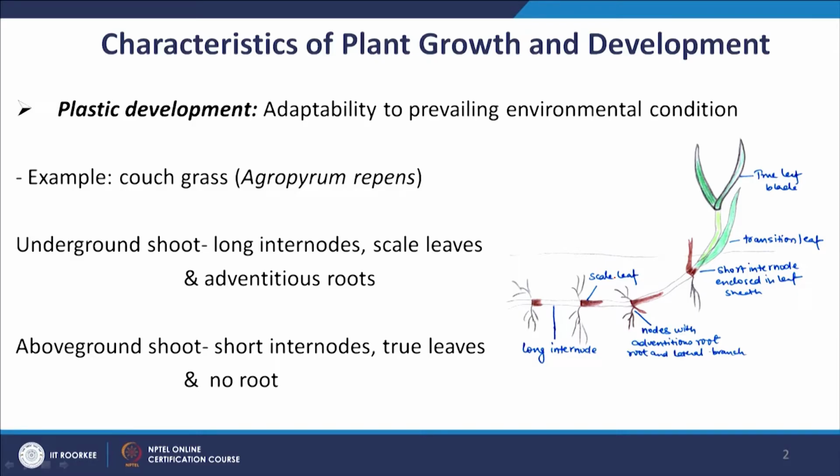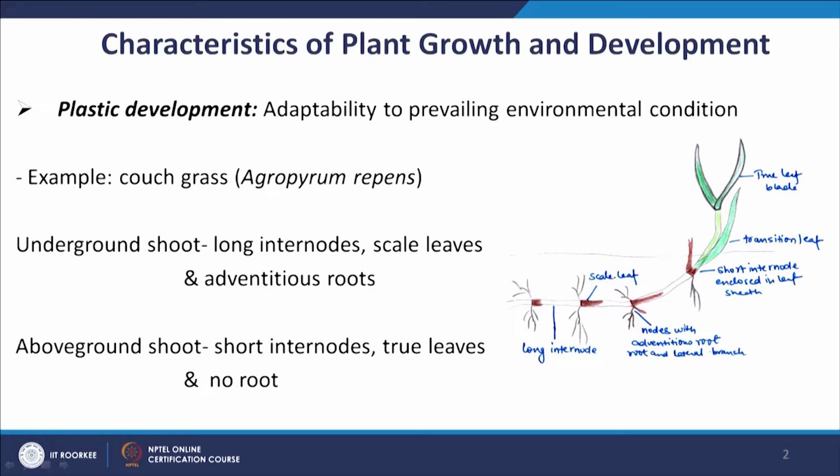They cannot move from one place to another, which means they have to face all the environmental conditions just by standing in one place. To cope with this change in the environment, they have adopted a very nice mechanism, which is plastic in nature. So, plasticity is basically an adaptability to the prevailing environmental condition.